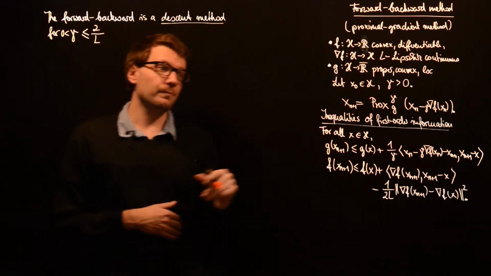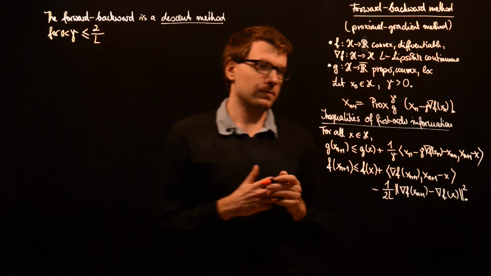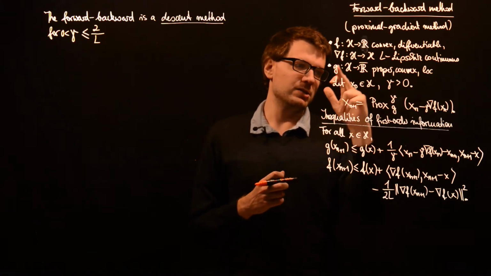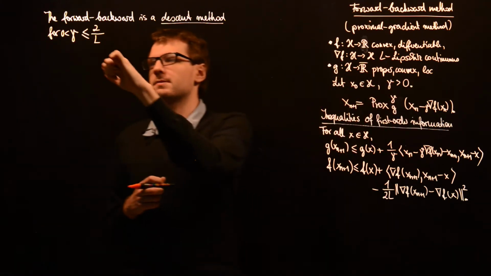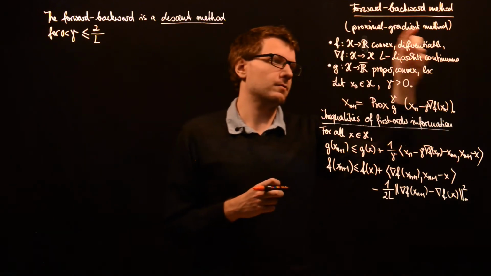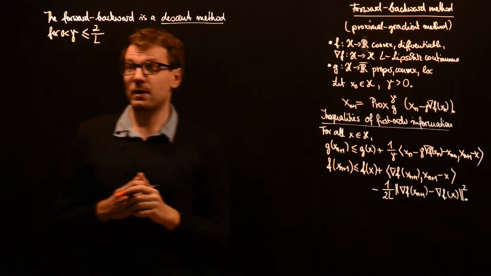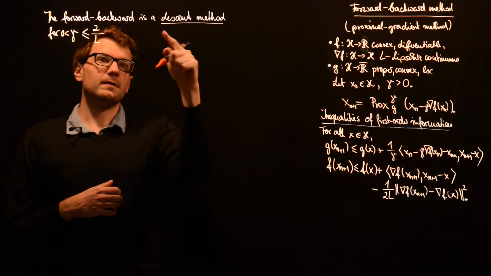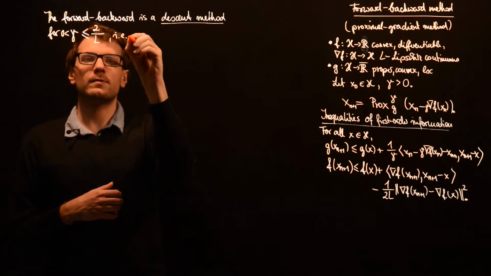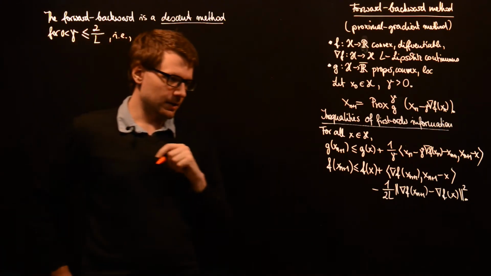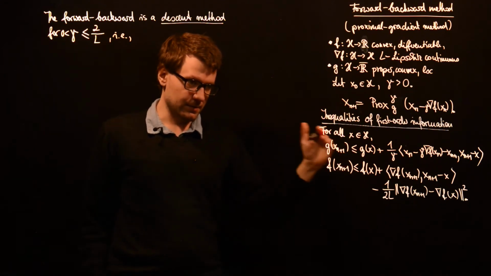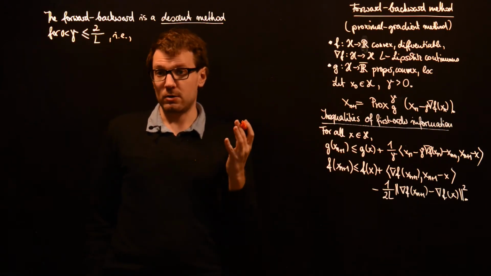So the choice of the function g does not have an influence on this bound here, only the choice of the function f. Okay, so what does descent method mean? In our case, the objective function values are decreasing.